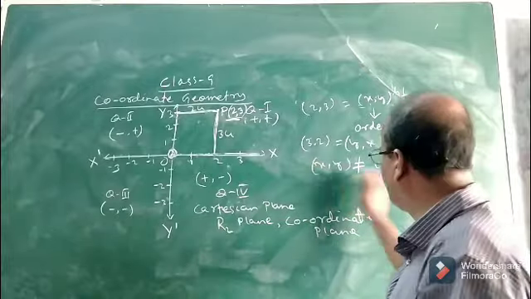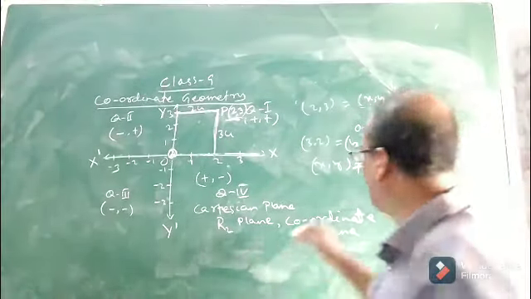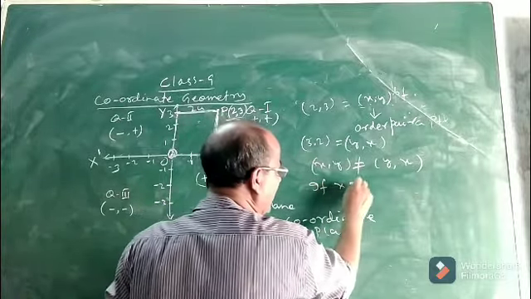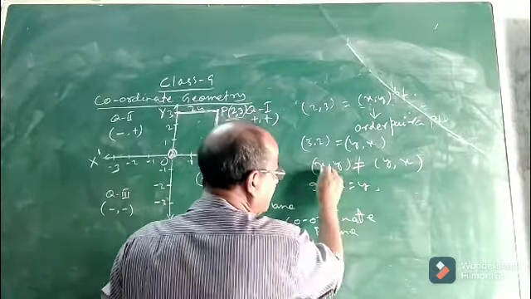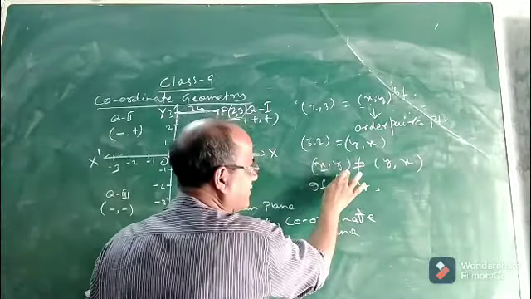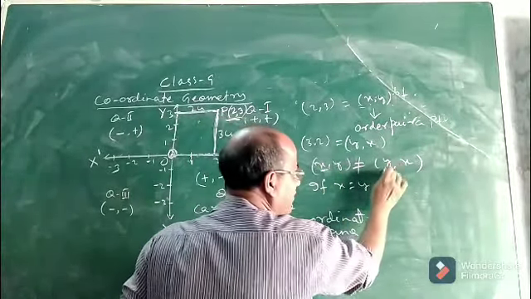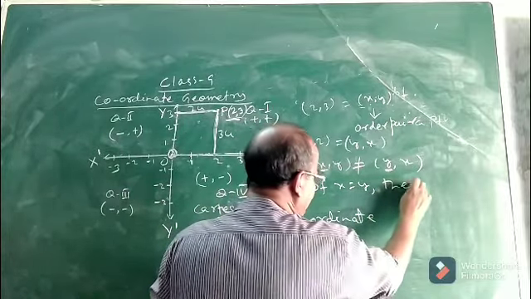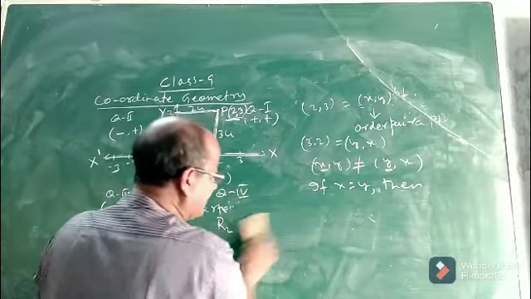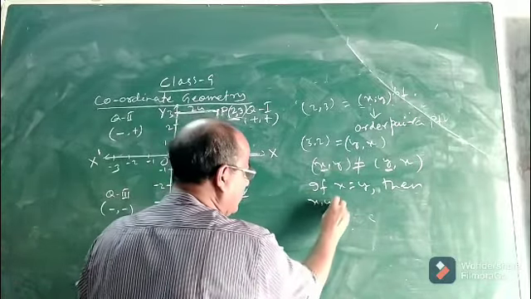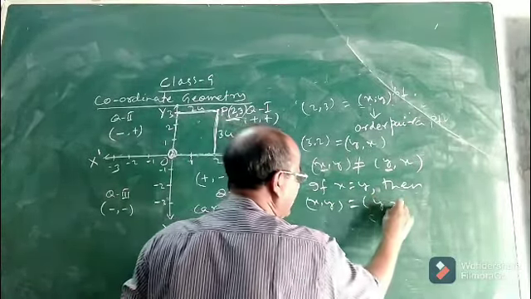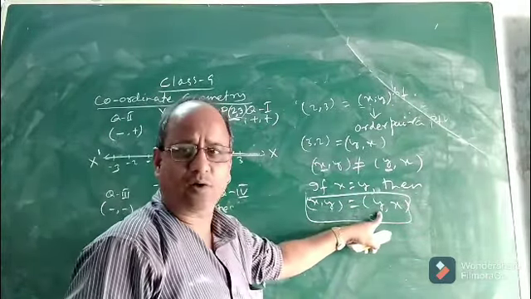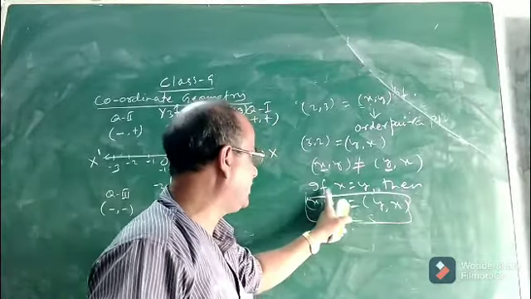And when will these ordered pairs be equal? If the x coordinate of the first ordered pair is equal to the y coordinate of the second ordered pair, that is, if x equals y, then only the ordered pair (x, y) will be equal to the ordered pair (y, x).